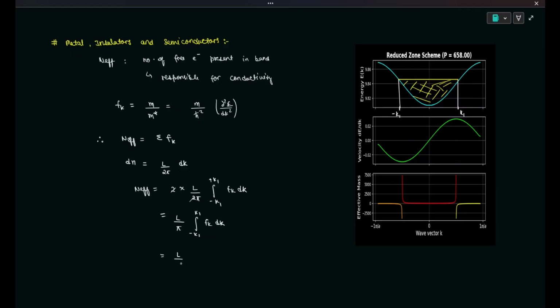So you will get L divided by pi times m divided by h cut square, and then the integration of this will give you the first derivative of dispersion curve from minus k1 to plus k1, and you can write it as twice L m divided by pi h cut square times first derivative of dispersion curve at k equal to k1.